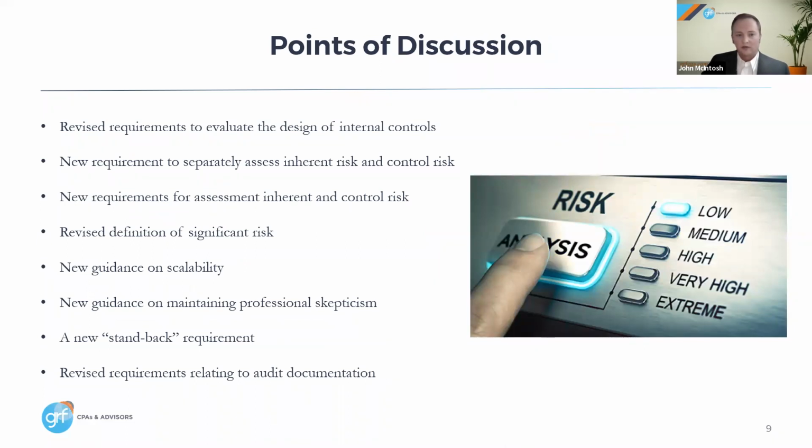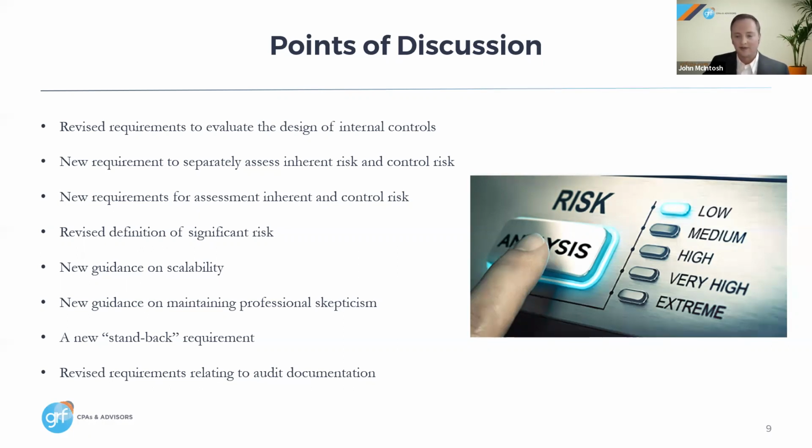Now we'll take a quick look at some of the areas updated by SAS 145 before we get into the specifics of each one. The first big area is revised requirements to evaluate the design of internal controls. There's also a new requirement to separately assess inherent risk and control risk, as well as some other new requirements for the actual assessment of inherent and control risk themselves.